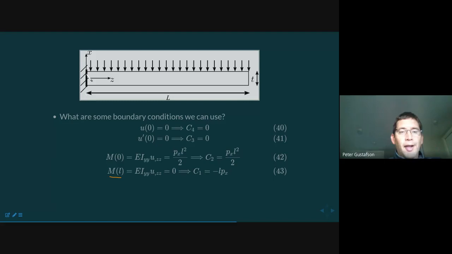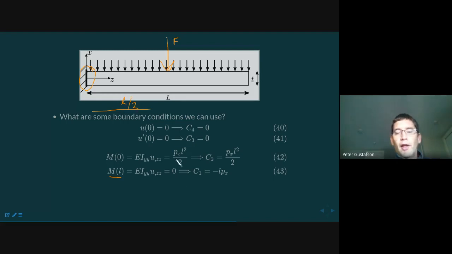But the moment at the left edge, how do we apply the moment at the left edge? Well, we recognize that for the purpose of computing the moment over here at this edge, we can replace the distributed load with a single force that is a statically equivalent load. So I can apply some force here that's equal to the entire distributed load times the length, because that's the total force, so Px times L, and the moment arm of that is going to be L over 2.